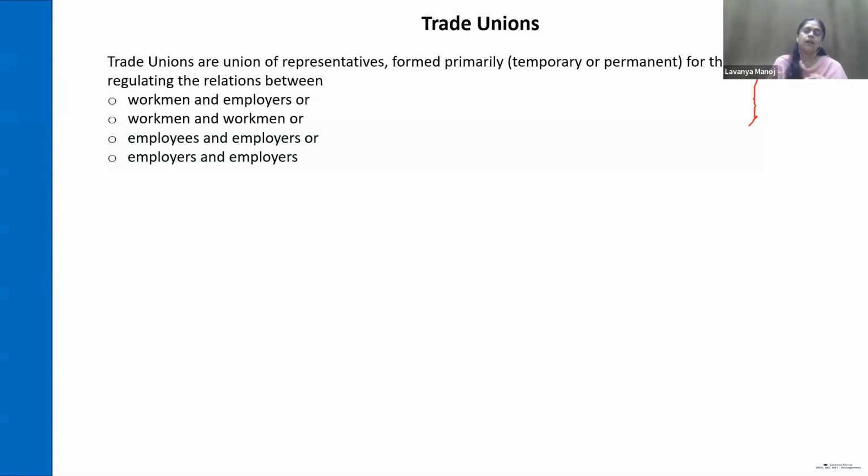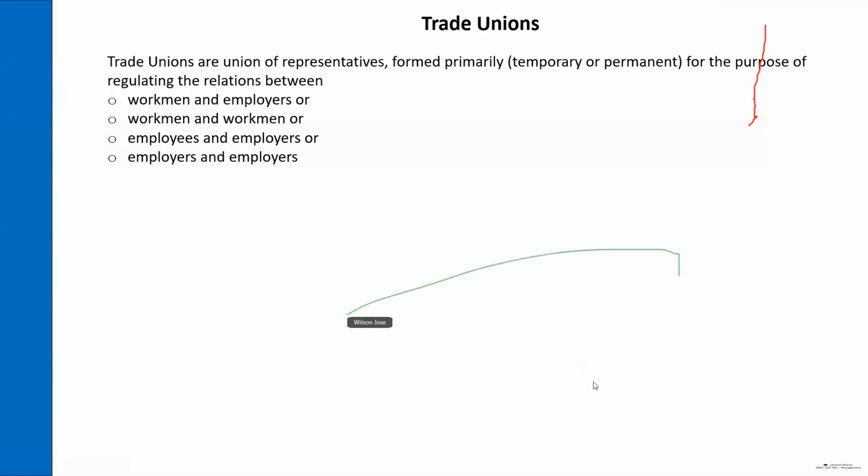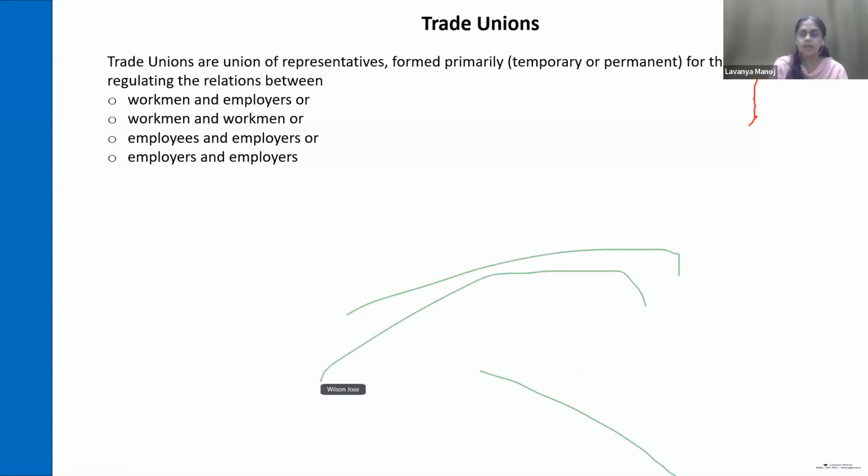But here it says if there is a conflict between two employers, the trade union steps in. Why? Because even though it is between employers, it will ultimately affect the employees. Yes, that's a main point. Good. Any other input?